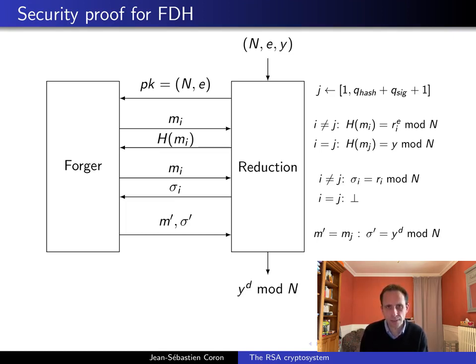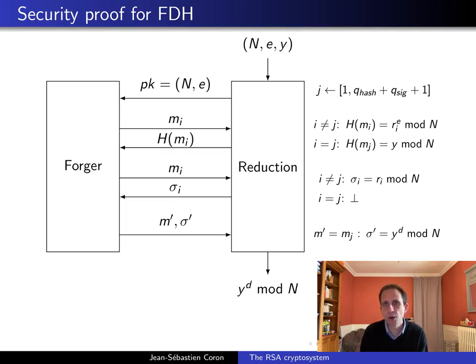And then, again, we distinguish two cases. If he makes a signature query for a message mi, where the index i of the message mi is not equal to the specific index j, then we can compute the signature easily, because the hash of mi is equal to ri to the e, and so the signature sigma i is simply equal to ri, which is ri to the e to the d.